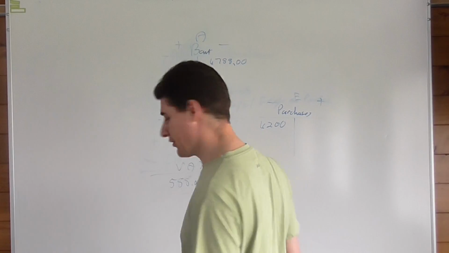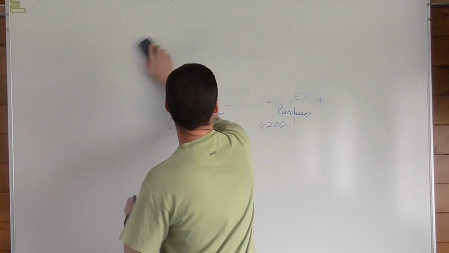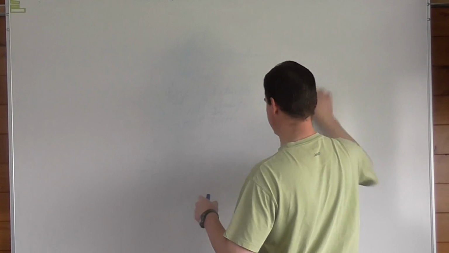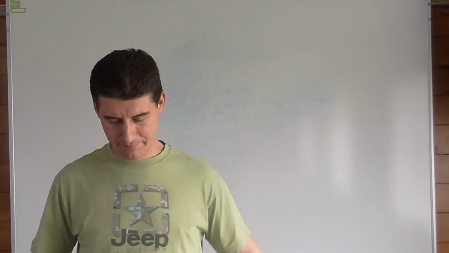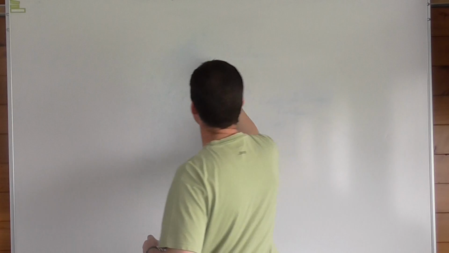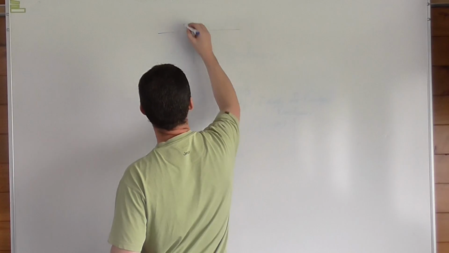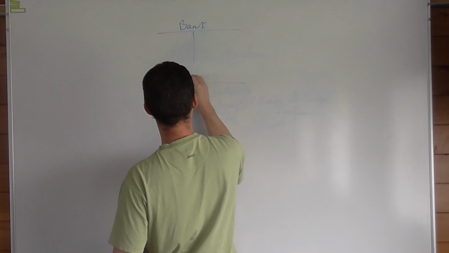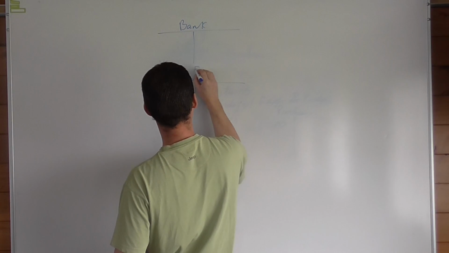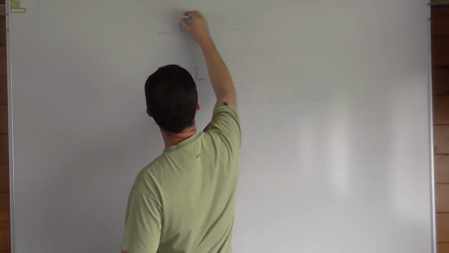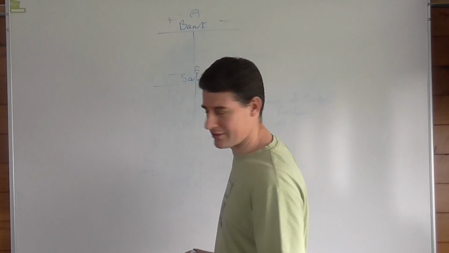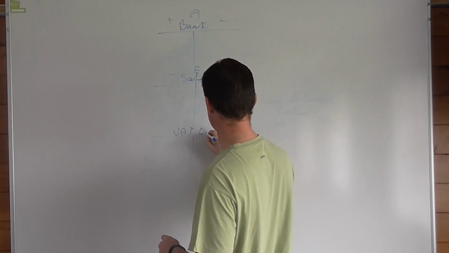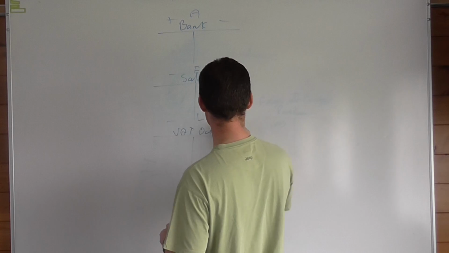When you look at your cash book receipts, you should know that when you do a sale, you would have bank, an asset, plus minus, and sales. Money went in, so it's VAT output, a liability, minus plus.